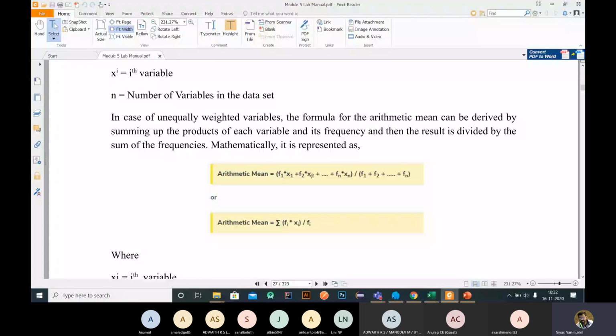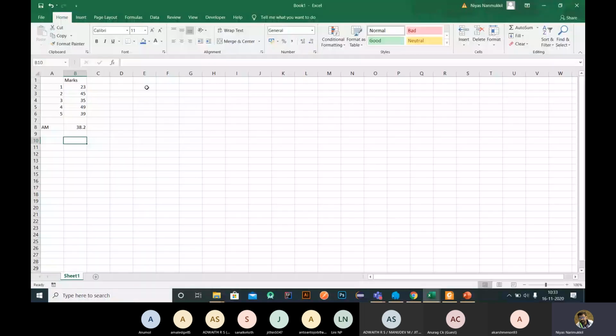If you are getting a frequency as one of the variables, frequency means the number of times that item is repeating. It's very easy to identify. For example, the mark 23 is repeating 5 times, so the frequency is 5, right?